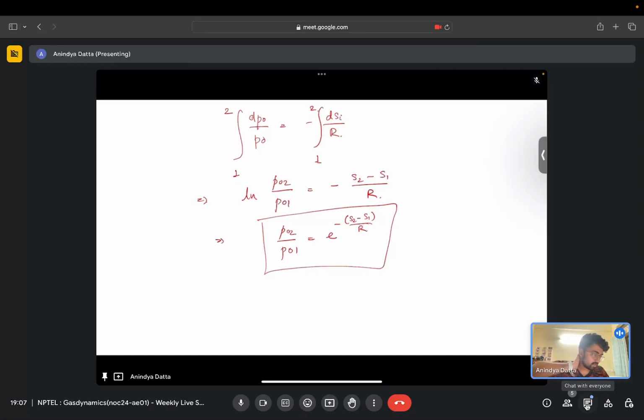Now since the flow is adiabatic, the change in entropy is equal to the entropy change due to irreversibilities, so we can write dsi as ds only.